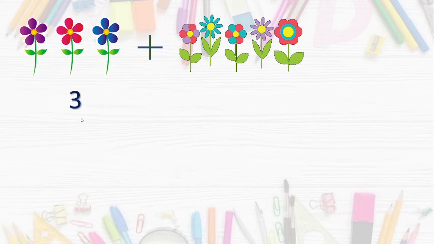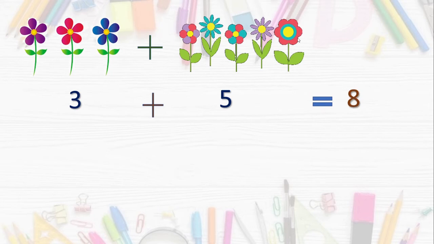I will write here 3. This plus here 1, 2, 3, 4 and 5. I will write 5 here. Now all together how many flowers are there? 1, 2, 3, 4, 5, 6, 7, 8. Or 3 plus 5 is equal to 8. You know this, correct?